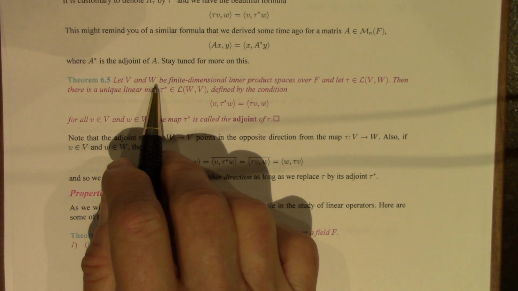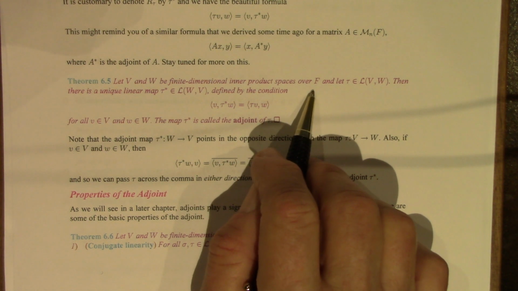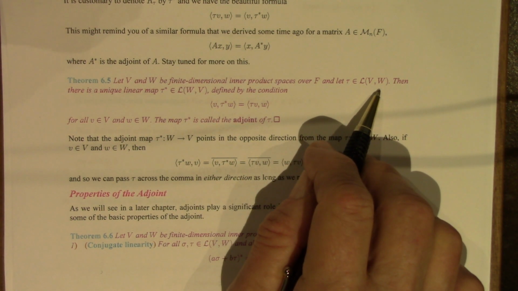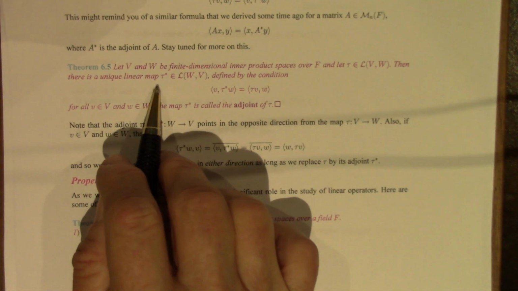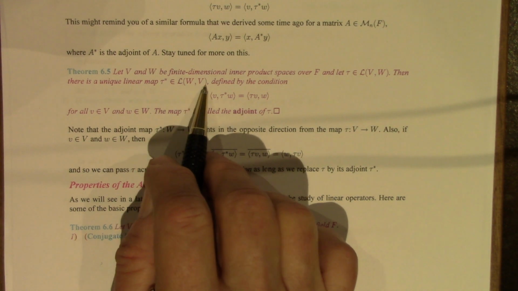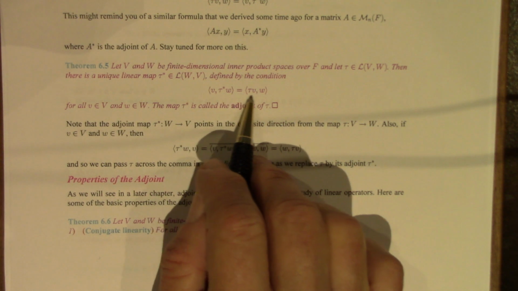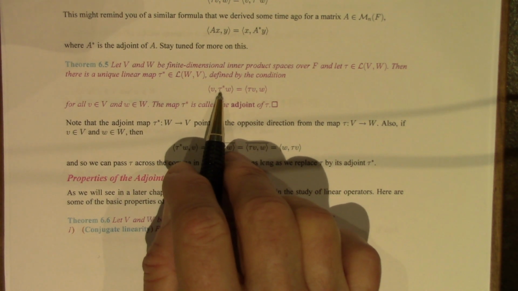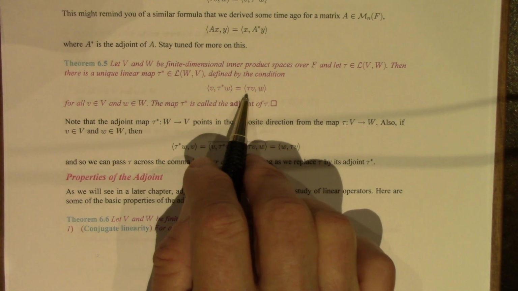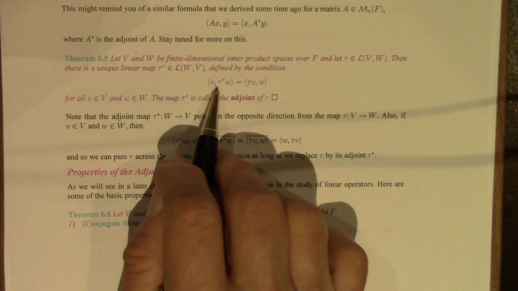So here is the theorem. Let V and W be finite dimensional inner product spaces over F, and let tau be a linear map from V to W. Then there's a unique linear map, tau star, from W to V in the opposite direction, defined by this equation: the inner product of V with tau star W is the inner product of tau V with W. So this is an indirect definition.